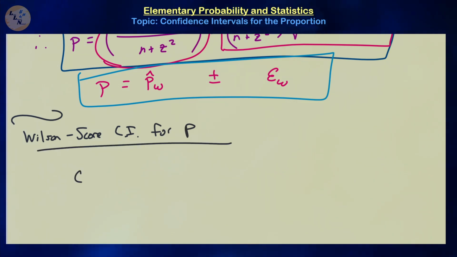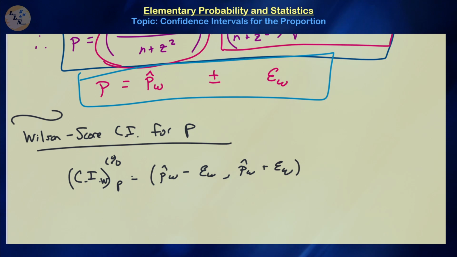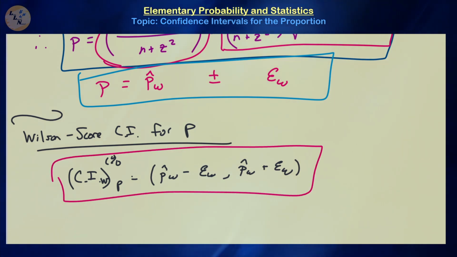So what is that? That's going to be equal to CI, and how you denote it doesn't really matter. I'll just call it CI W. C percent for p is going to be equal to p hat W minus epsilon W, and then p hat W plus epsilon W. And I'm just subscripting the W's to sort of distinguish it from the old, not reliable confidence interval for the population proportion.